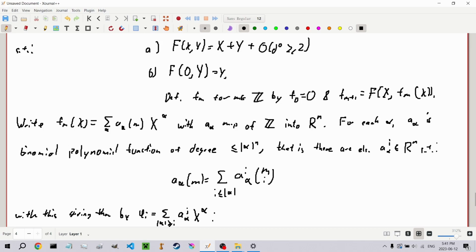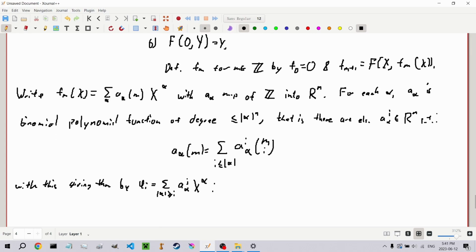So how do we prove this? We show this by induction on the size of alpha.